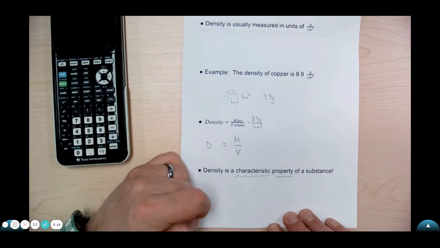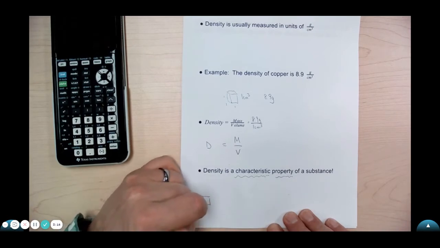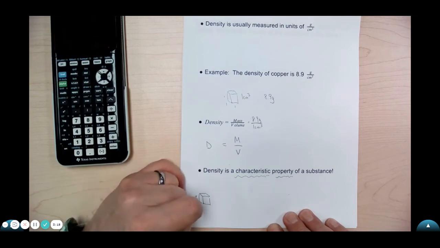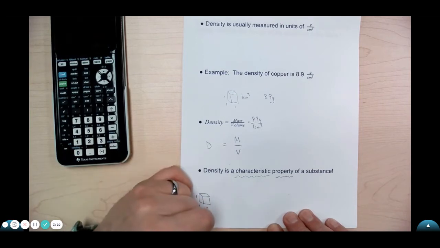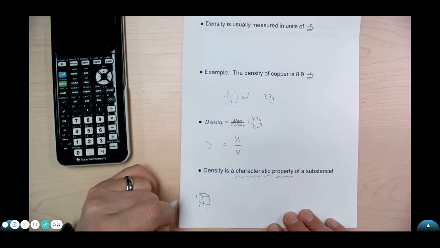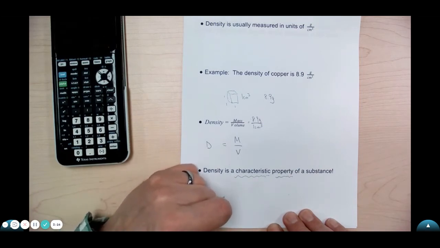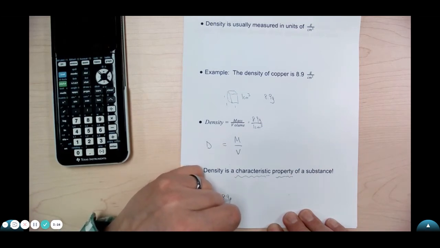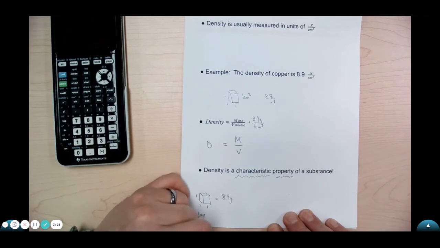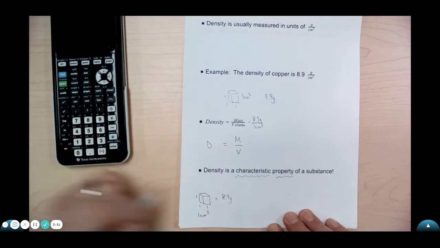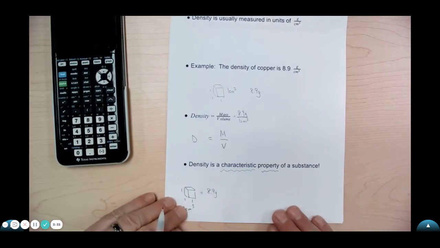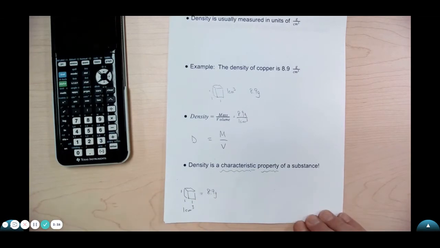Let's say you had your little 1 cubic centimeter of copper. This is 1 by 1 by 1 centimeter, and it would have a mass of 8.9 grams. It's 1 cubic centimeter of volume, it's 8.9 grams of mass. Well, what if you had a bigger piece of copper?